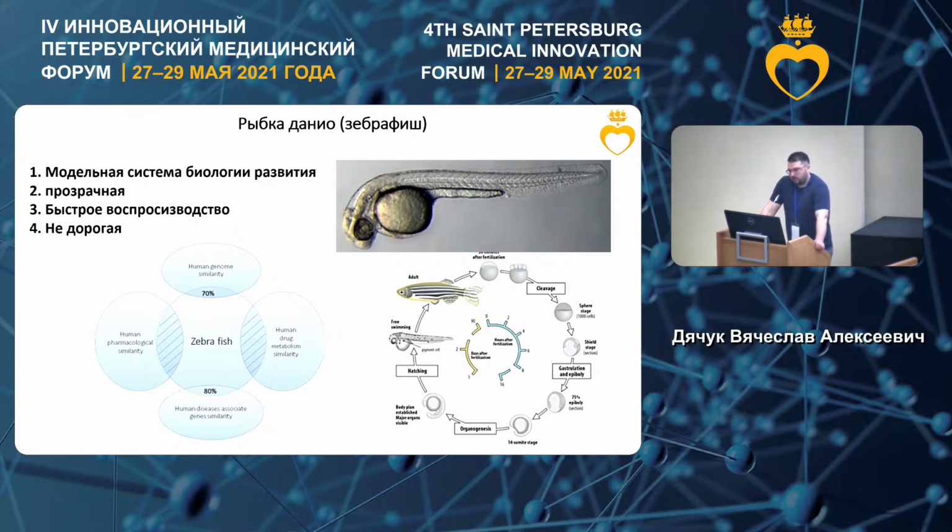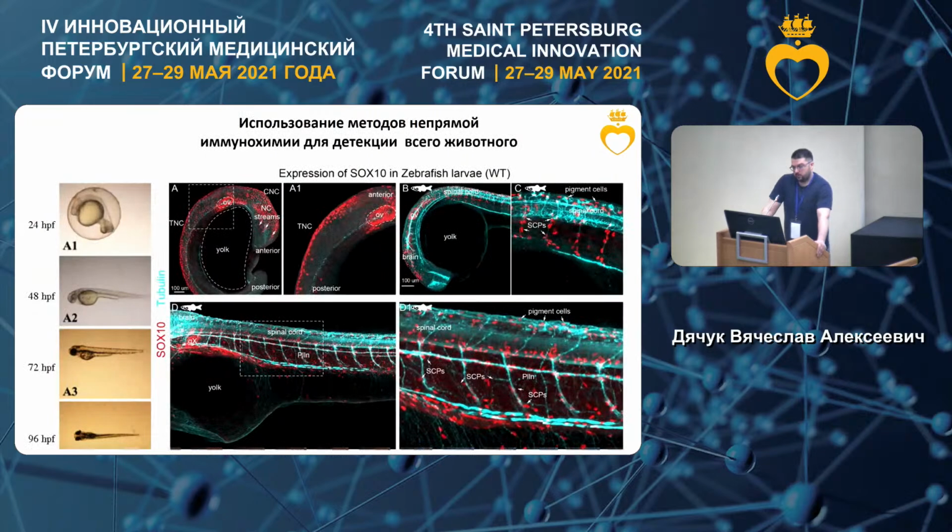Danio fish, or the so-called zebrafish, is another biological model which is very simple to operate and is quite practical in developmental biology because the embryos are transparent, they develop very fast, there is fast reproduction, and this biological model is not costly. So Danio rerio fish is frequently used in biomedical research.